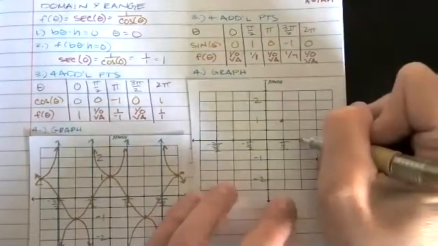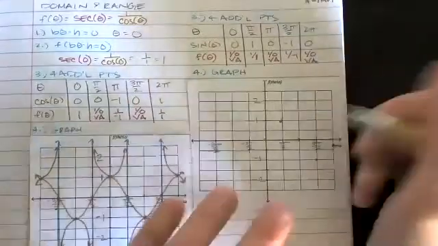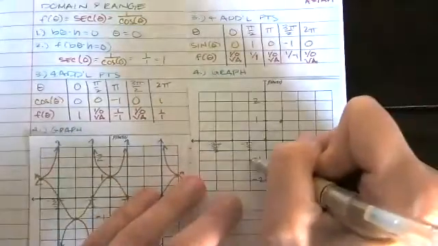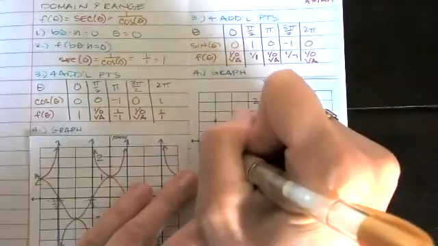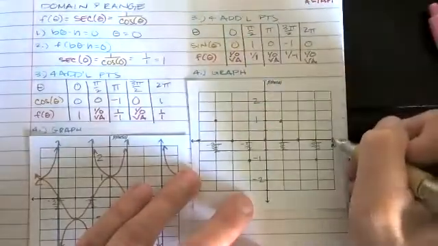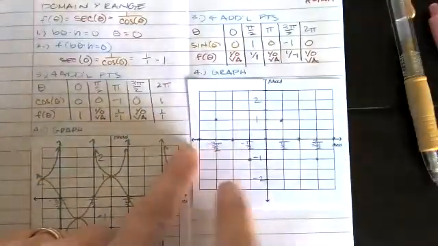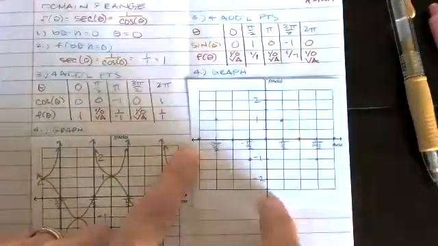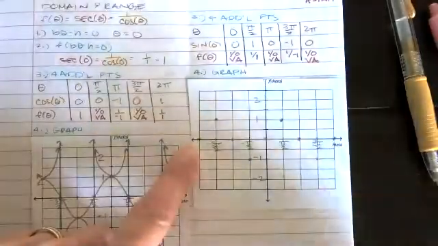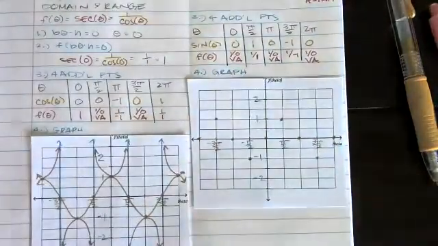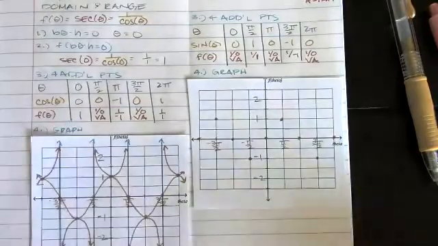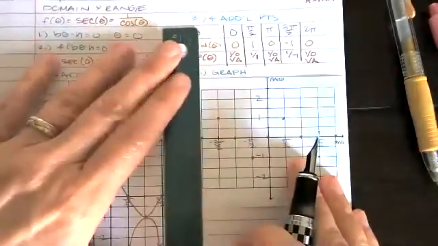We know that this is going to be a 0. This is a 0. That means this is negative 1, 0, positive 1, 0, and that's 0. So every time, all of this is a vertical asymptote here, and here, and here, and here, and here. So let's draw those in, because it will help us get everything else right.